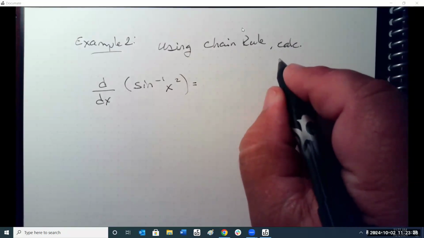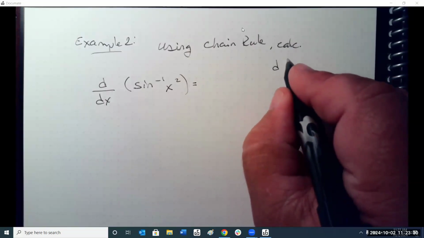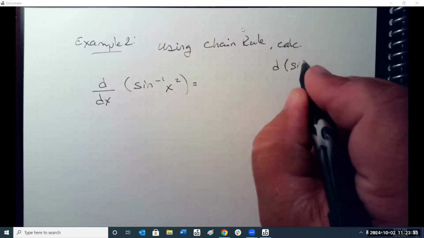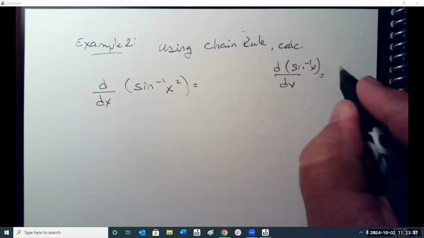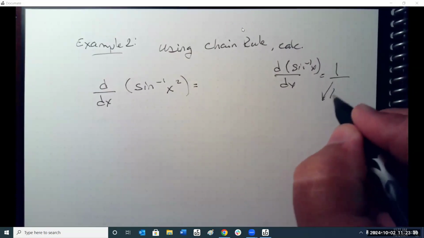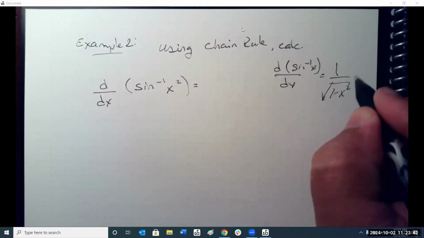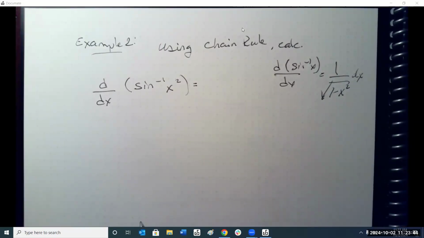Using what we found earlier, 1 over square root of 1 minus x squared dx.